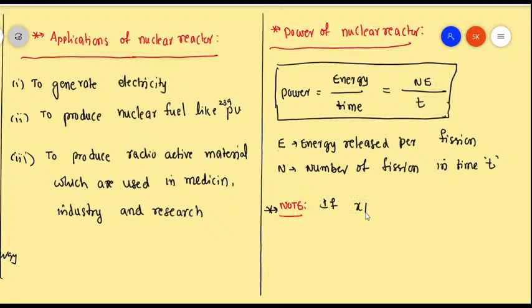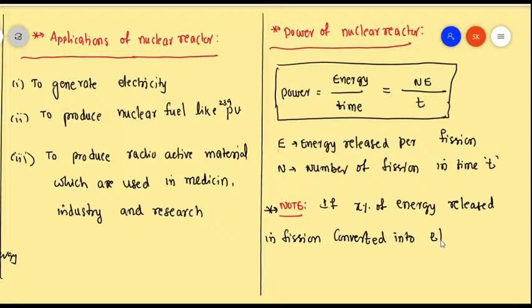If X% of the energy released in fission is converted into electrical energy, then what happens to the output power? I want the output power.